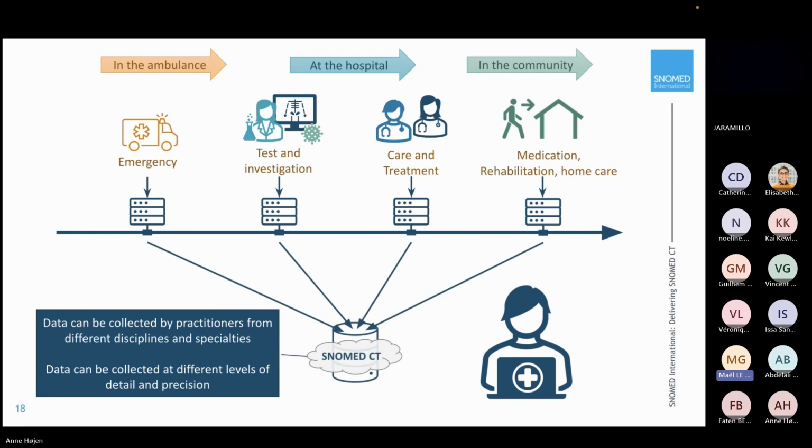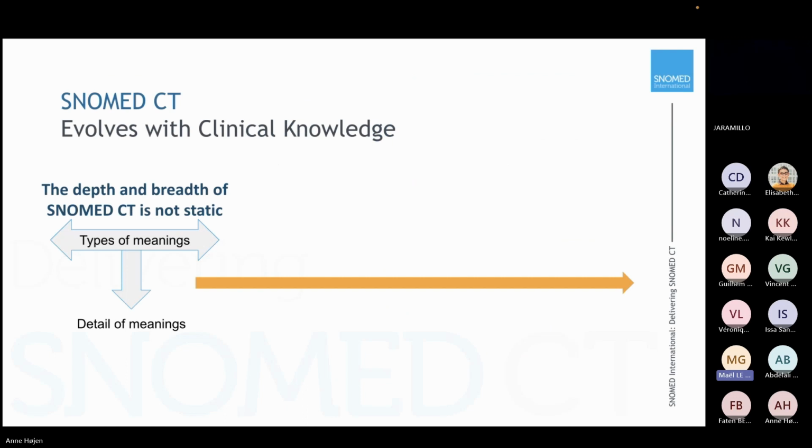But with SNOMED CT, you can collect data from each of these various disciplines and specialties, and it can be collected at different levels and details of precision, and it can be reported to a central data store. That will allow you to obtain what we'll talk about later, also clinical overviews and being able to have the complete picture of the patient journey that is required to make the best possible care and treatment.